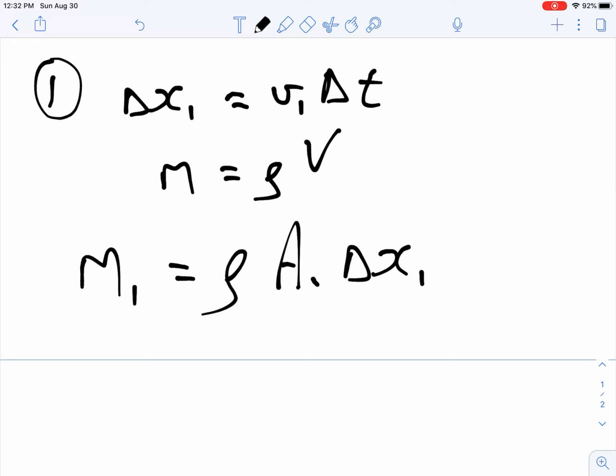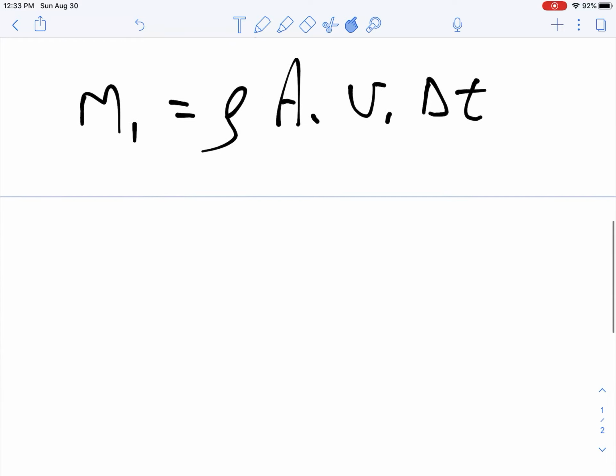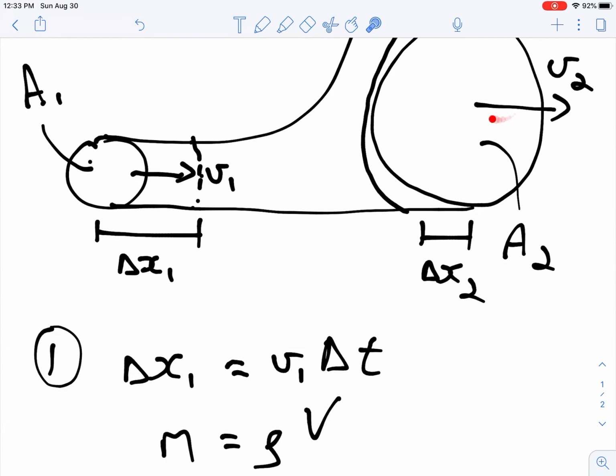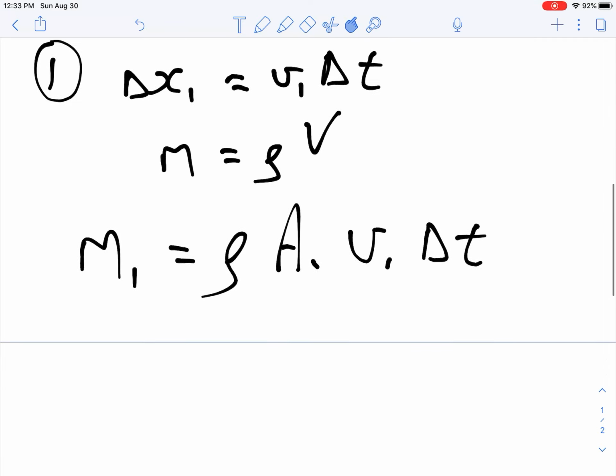Now remember, displacement is velocity times time. So my displacement is velocity times time. Cool. Well, I could make a similar argument for the amount of fluid, for the mass of fluid that actually leaves on this side. I'm going to make the same argument for the fluid leaving this side.